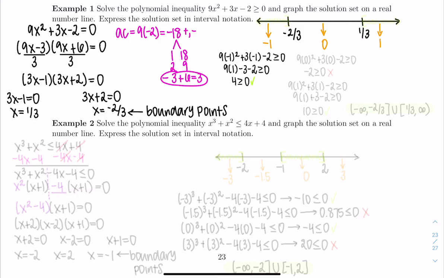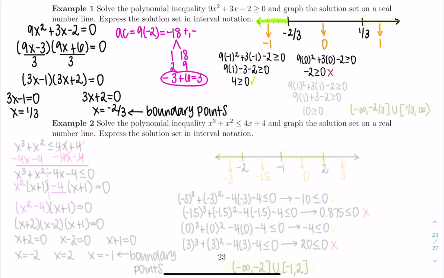And since it's true, we want to make sure we shade in this region. What about 0? We've got 9 times 0 squared plus 3 times 0 minus 2, and that needs to be greater than 0, but those zeros cancel those terms, and we just get negative 2 is greater than 0, which is not a true statement. So we don't want to shade there.